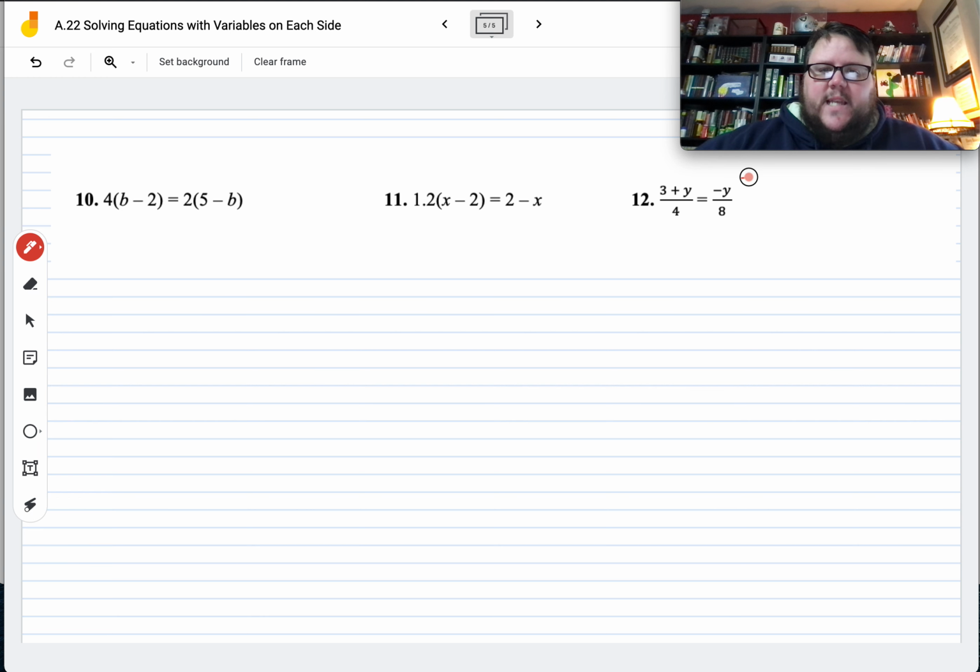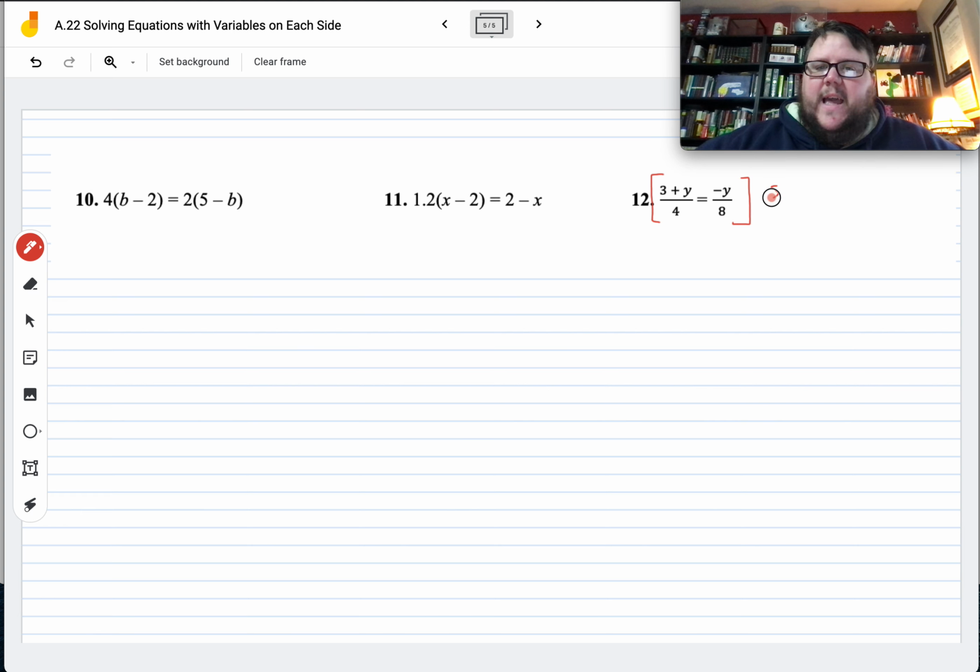But I want to take a look at number 12. We have 2 fractions, 2 denominators. So this is like yesterday's lesson where I would take the least common multiple, LCM, and that would be 8, because 4 times 2 is 8.